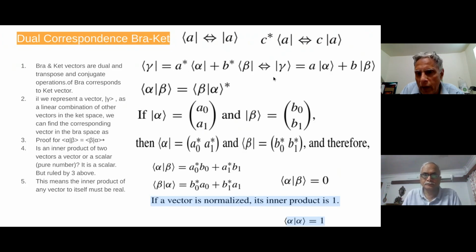So if I have a ket vector gamma, which is a combination of A with basis alpha and B with beta, then to represent the same thing in bra, it will be duality: we have to take the complex conjugate of A with bra alpha and the complex conjugate of B with bra beta. So when you have multiple vectors and want to combine the two with bra and ket notation, this is how you do it.